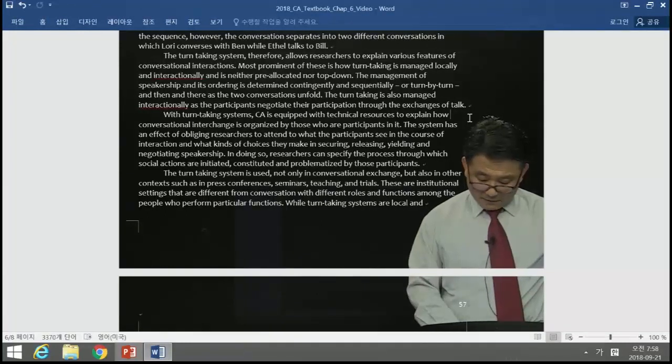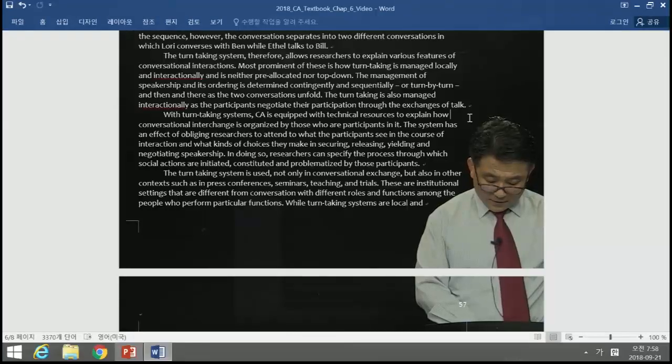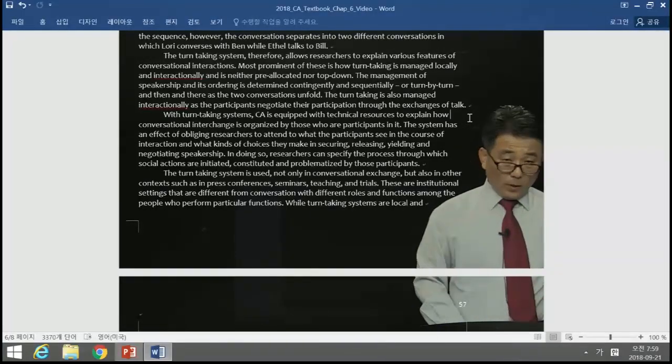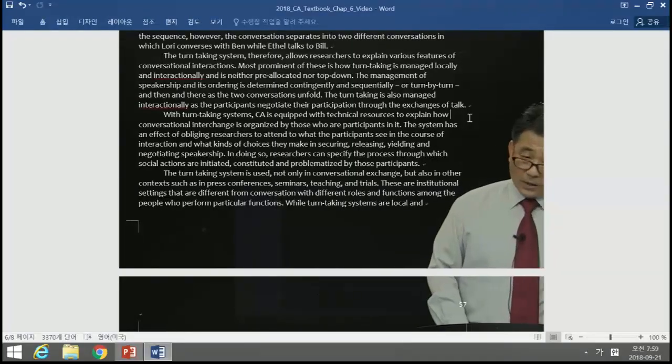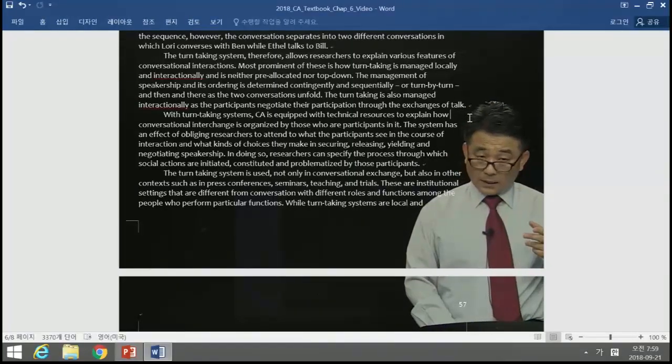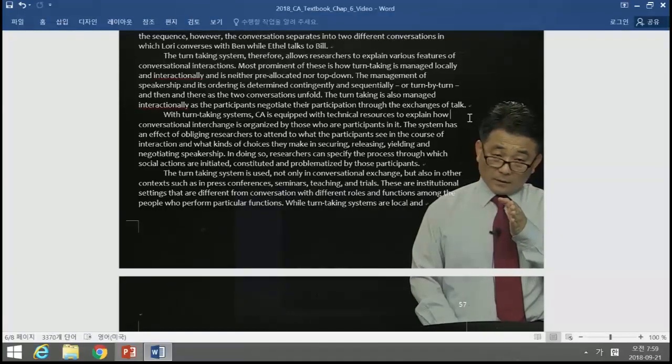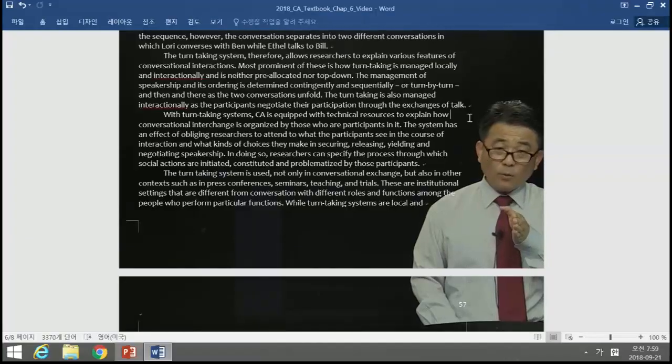The system has an effect of obliging researchers to attend to what the participants see in the course of interaction and what kinds of choices they make in securing, releasing, yielding, and negotiating speakership. So knowing this rule is not enough. We have to apply this rule to each conversational interaction. Knowing the turn-taking system gets you only halfway.